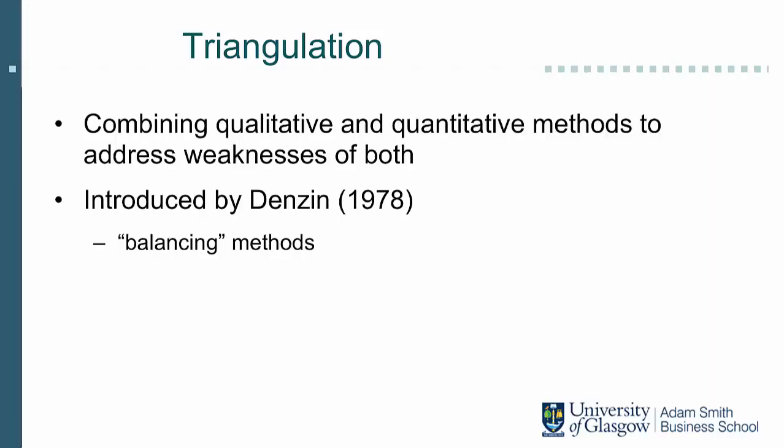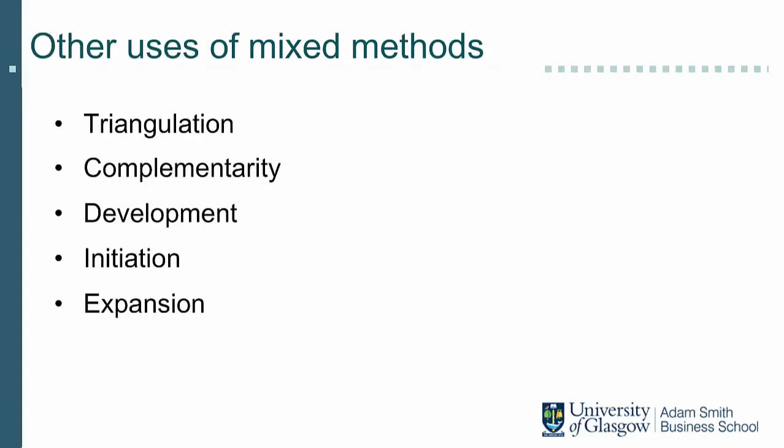It was Denzin, in 1978, who argued that triangulation or mixing methods was potentially most powerful because the bias of one paradigm could be cancelled out or counterbalanced by methods from the other. Triangulation, however, is just one benefit, and supporters of mixed methods have identified further uses. For example, Greene et al. identify 5 main purposes of using a combination of methods, including triangulation, complementarity, development, initiation, and expansion.